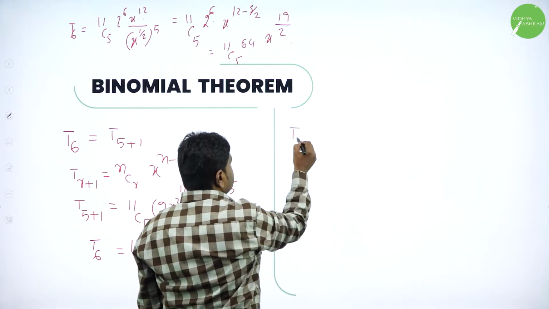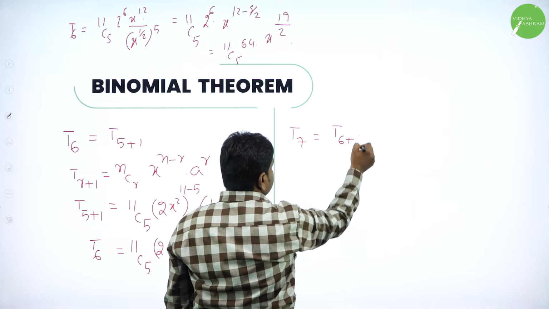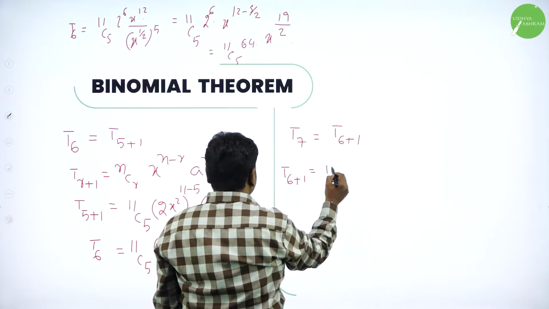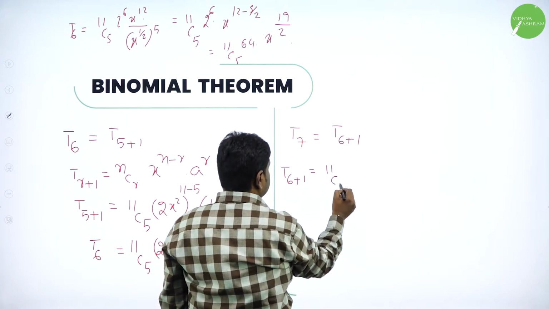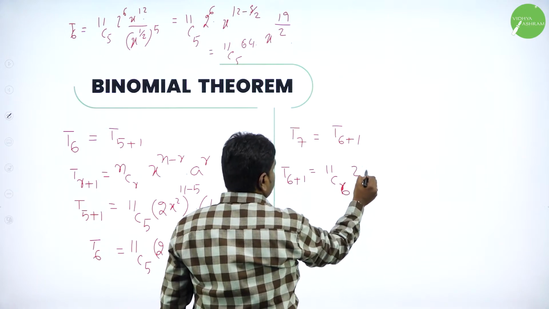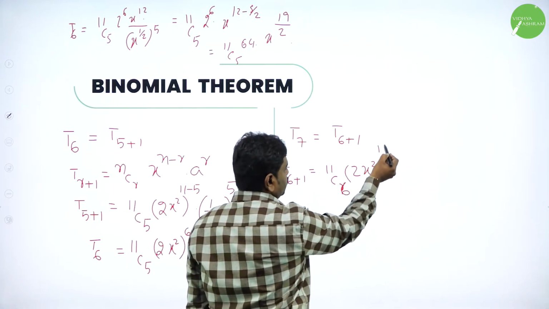Now you find T7, the 7th term. This is one more middle term. T7 can be written as T6 plus 1. So T6 plus 1, NCR. NCR is what? 11CR, 11C6. First term, that is 11C6. First term is what? 2x square power n minus r, that is 11 minus 6.